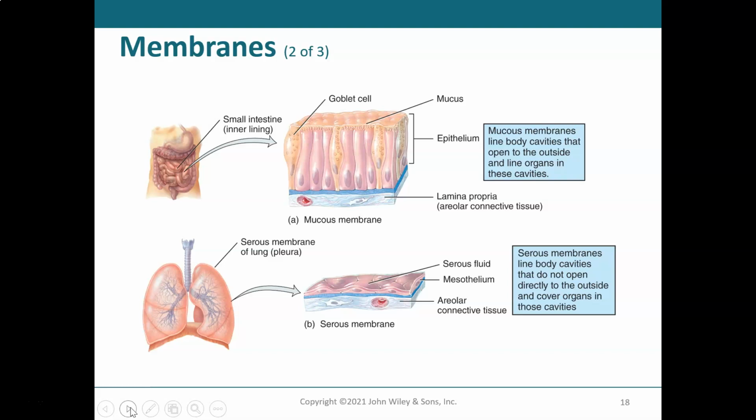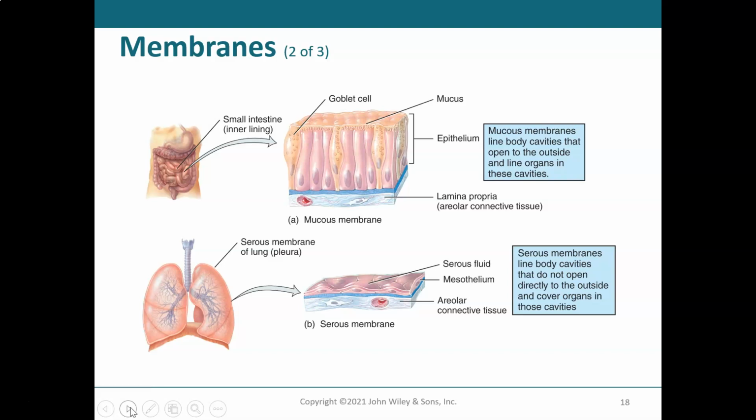And again, that connection between the connective tissue and the membrane itself is of note. The epithelial layer of a mucous membrane is an important aspect of the body's defensive mechanism. It acts as a barrier to different types of pathogens, and it traps particles. The connective tissue layer of a mucous membrane is called the lamina propria.